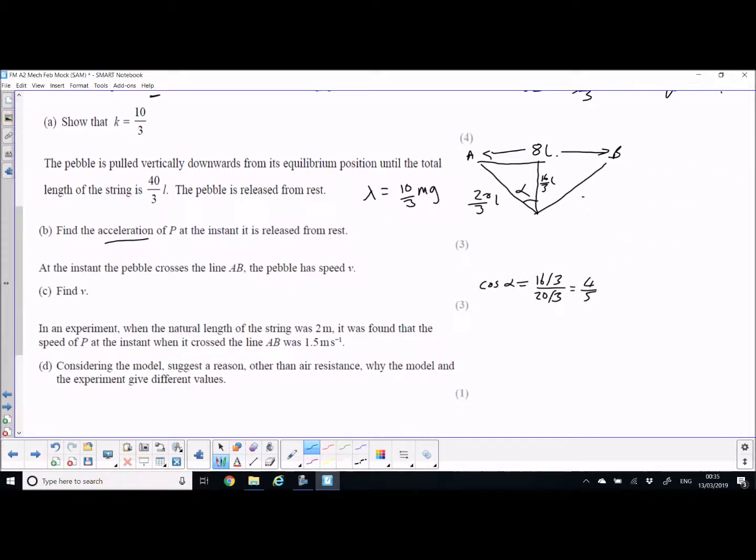Okay, so what's happening now is my string is no longer going to be in equilibrium. So we have the same situation. I'm going to have tension acting in an upwards direction, and I'm going to have the weight acting in a downwards direction.